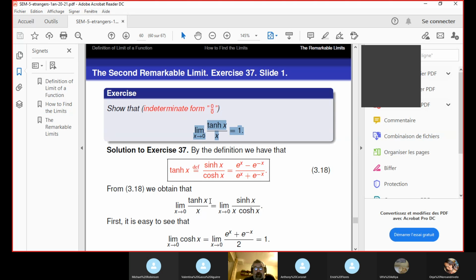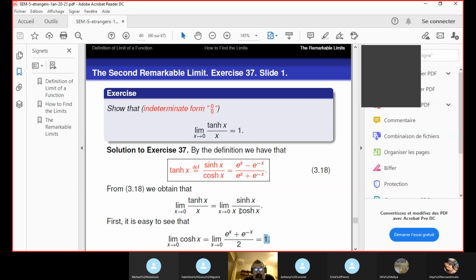First of all, we know that due to the definition of cosine, it will be e to the power x plus e to the power minus x. So the numerator here goes to 2 as x goes to 0. Agree? Yes, I agree. So the limit will be 1.